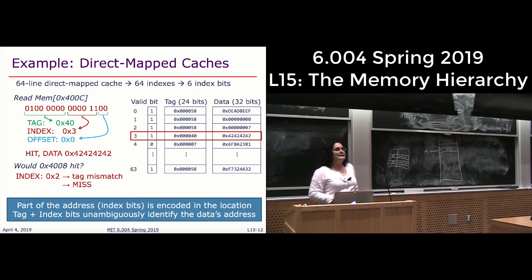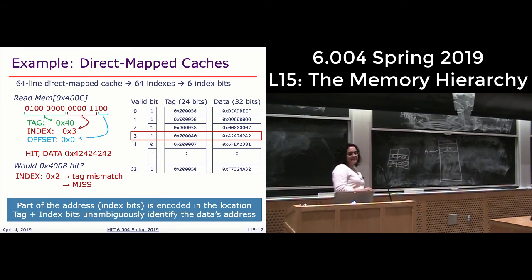Now suppose that instead I wanted to look up the address 4008. What does that change in terms of what I want to access in my cache? It changes my index, right? And what would my index be in this case? 2. Exactly.